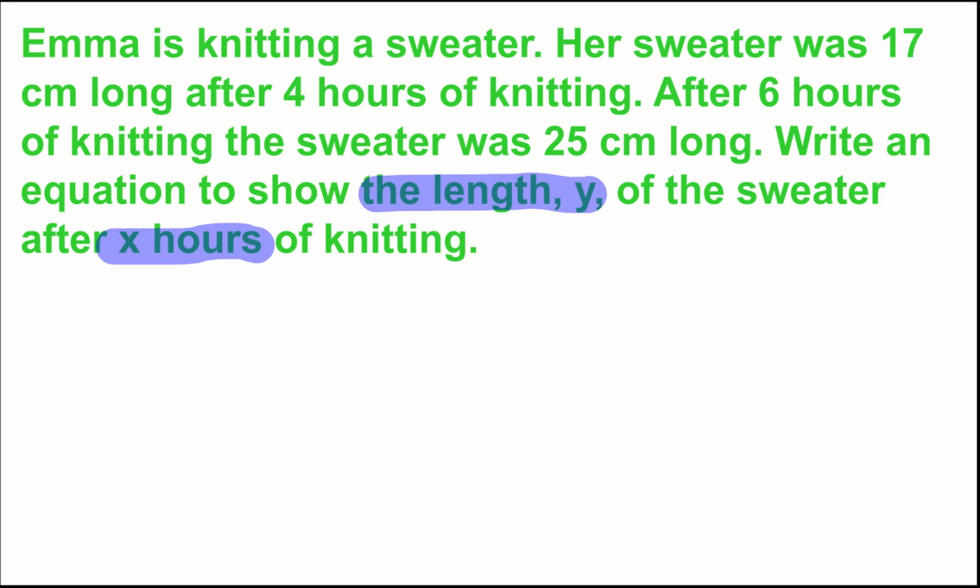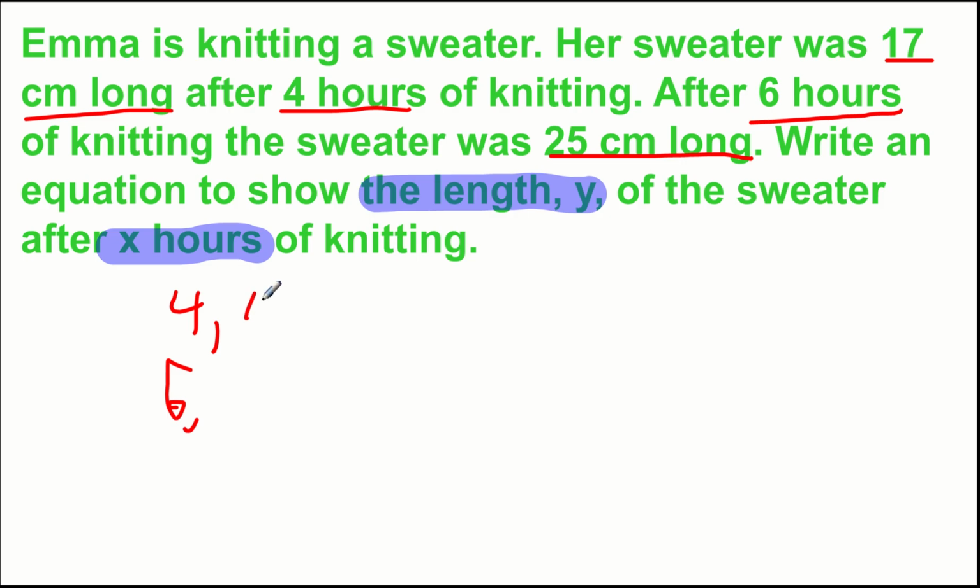So when we look at our ordered pairs, I got 4 hours, I've got 6 hours. Those are my X values. 17 centimeters long, 25 centimeters long, those are my Y values. The 17 goes with the 4.